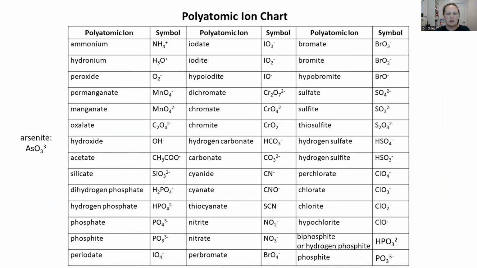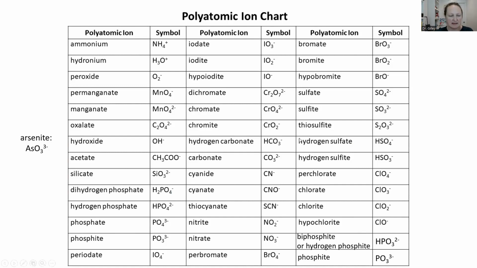I also wanted to include this more comprehensive chart because there are a few on the activity that are a little bit harder to find. So I wanted to make sure that you had this resource, which has pretty much any polyatomic ion you might need to find.